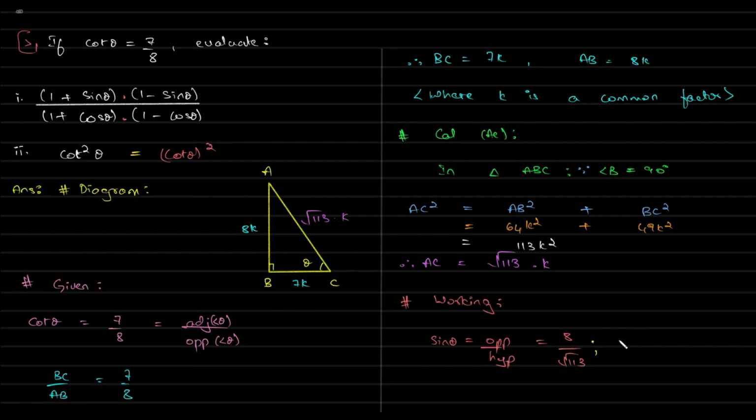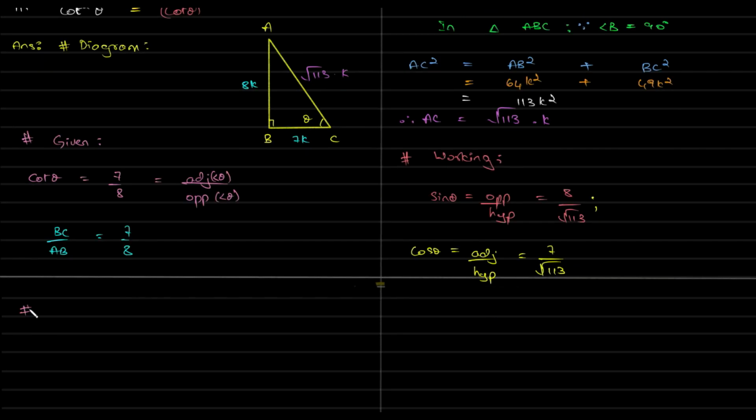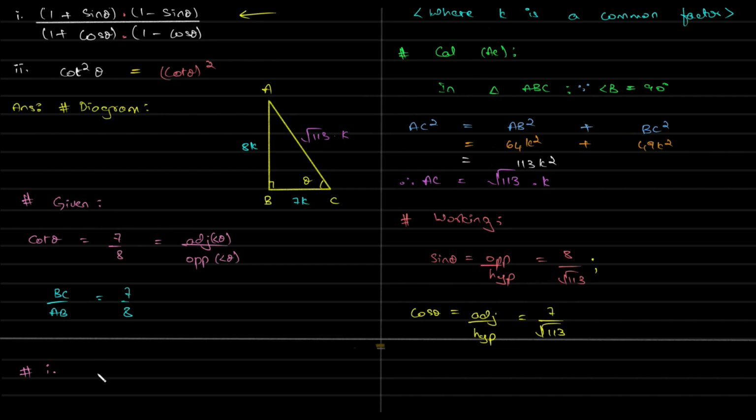Next is cos of theta. Cos of theta is adjacent of angle theta by hypotenuse. Adjacent is 7k divided by hypotenuse, square root of 113k. So this is your answer, and we need to substitute it over here. So we'll jump to the question.